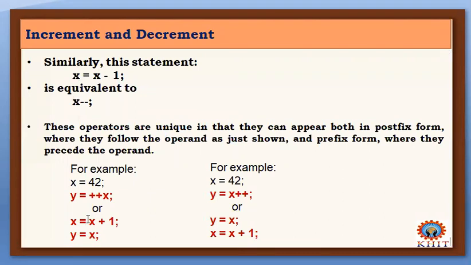But the difference is that you write these operators with the help of assignment. Example, x is equal to 42. When you perform y is equal to plus plus x, it will increase the value of x by 1 and store it in y. So what is the y value here? 43.